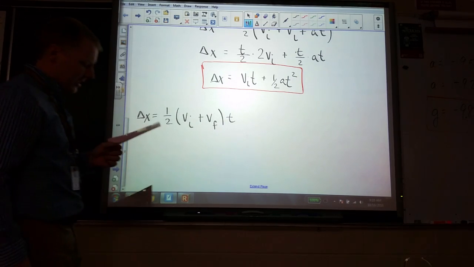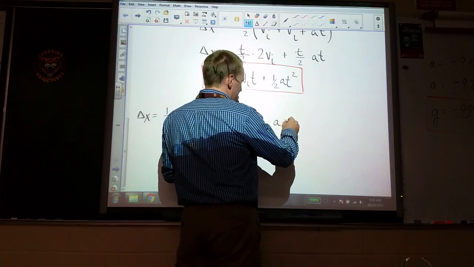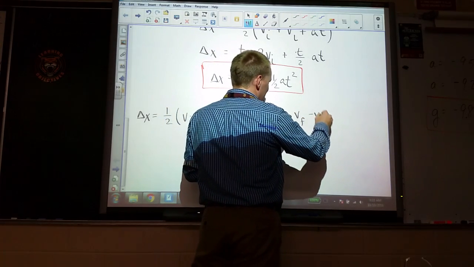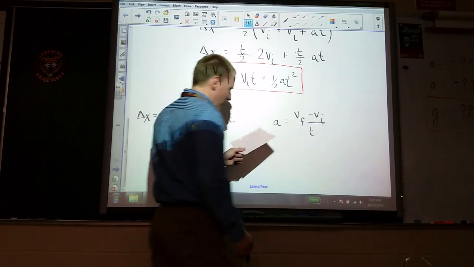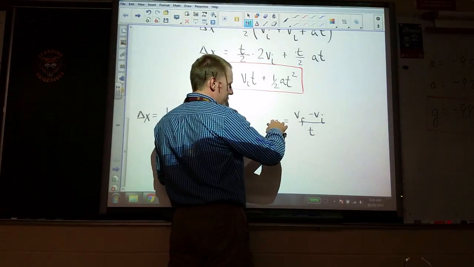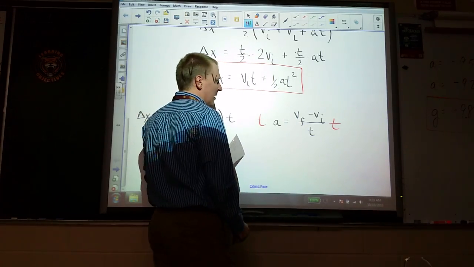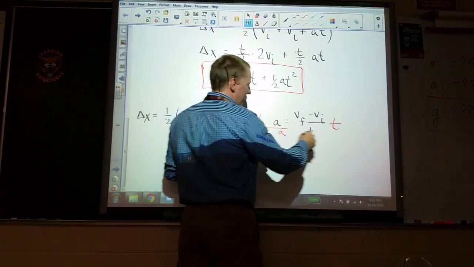And we are also going to do the expansion that if acceleration is v final minus v initial over t, if I want to solve this for t, I multiply both sides by t, so I have t like so. And then I'd also divide by a.